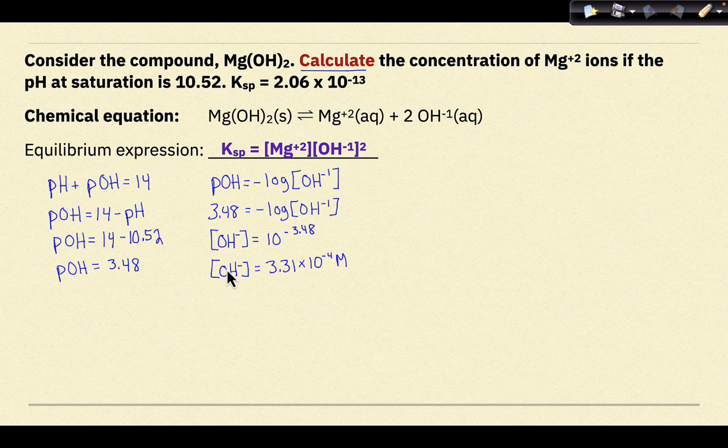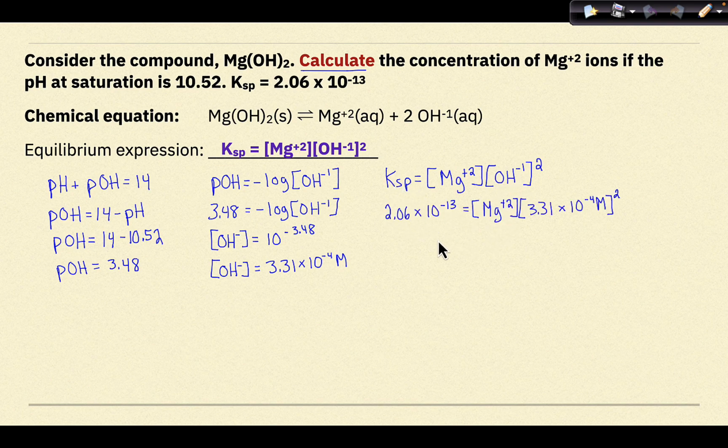Now that we have our hydroxide ion concentration and our Ksp value, we can solve for our magnesium ion concentration. So we'll start by rewriting our Ksp expression. We'll plug in our Ksp value and our hydroxide ion concentration value, and solve for our magnesium ion concentration.